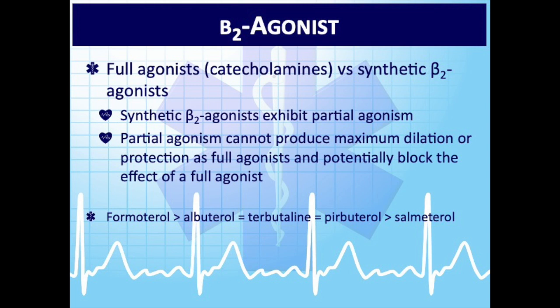Okay? That's why you sometimes see patients who maybe have COPD or asthma, and they say, I can't take a beta blocker. Because if they take a systemic beta blocker, maybe they have another drug on board that is actually helping keep their airway open. They take a drug like propranolol. Propranolol is a non-specific beta blocker. It works on both beta 1 receptors and beta 2 receptors.